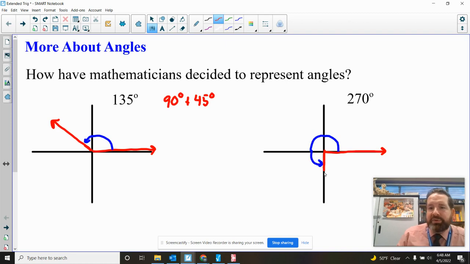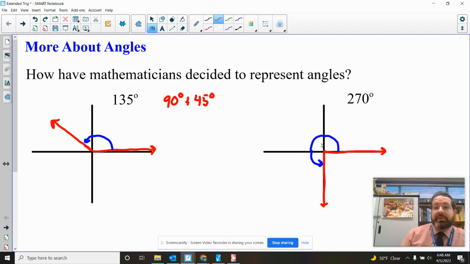So you end up, your terminal side goes straight down. So a 270 degree angle starts on the positive x-axis, does a 3/4 turn counterclockwise, and has a terminal side that goes straight down.